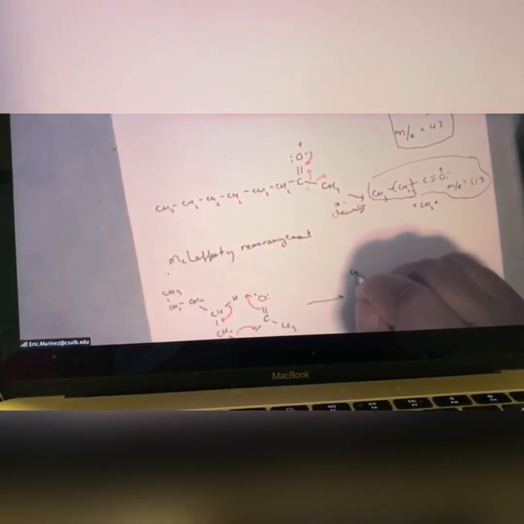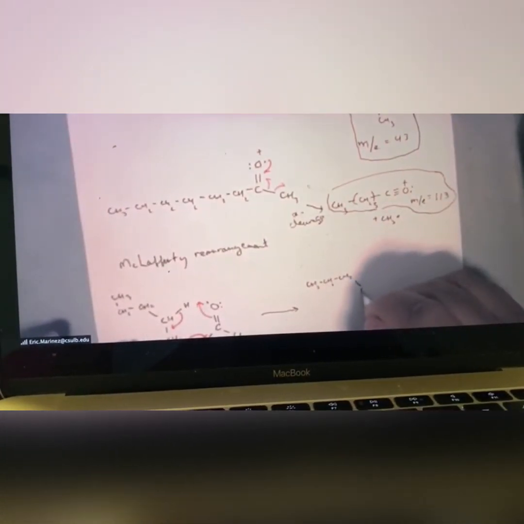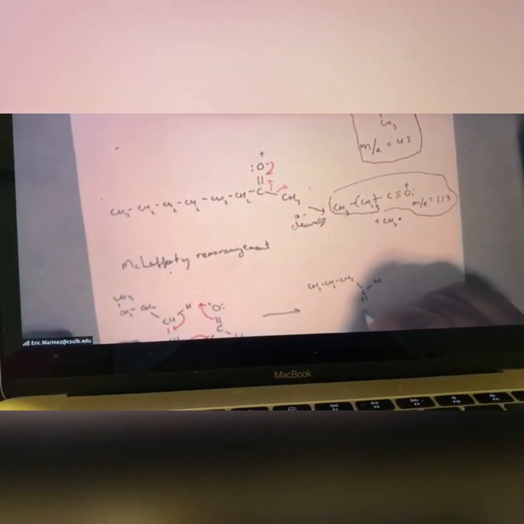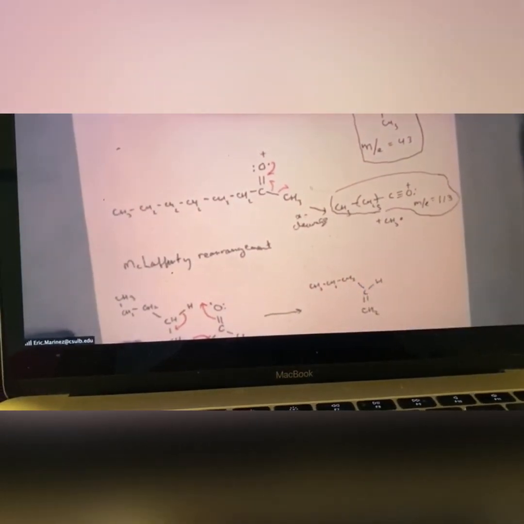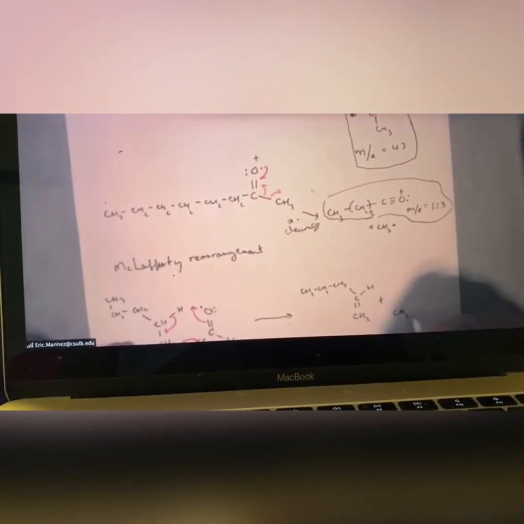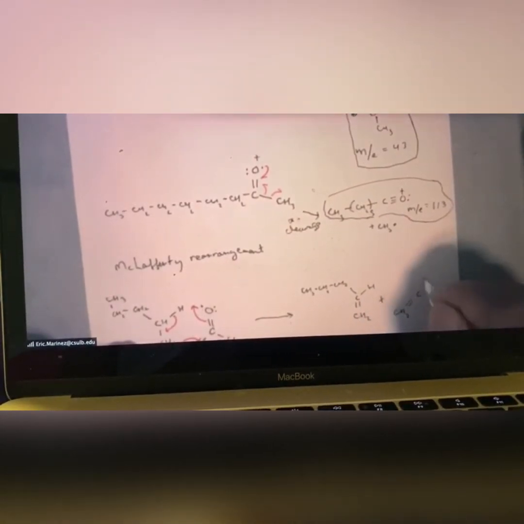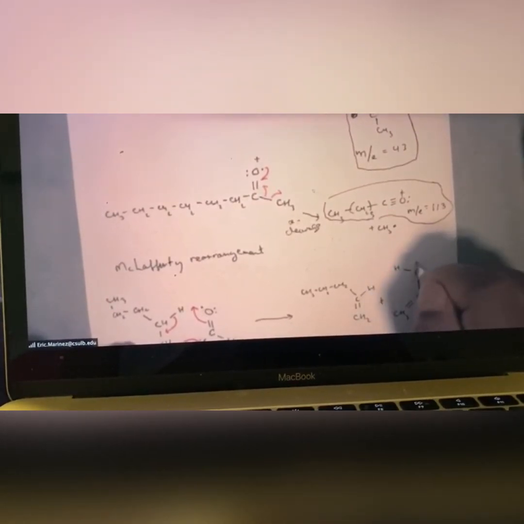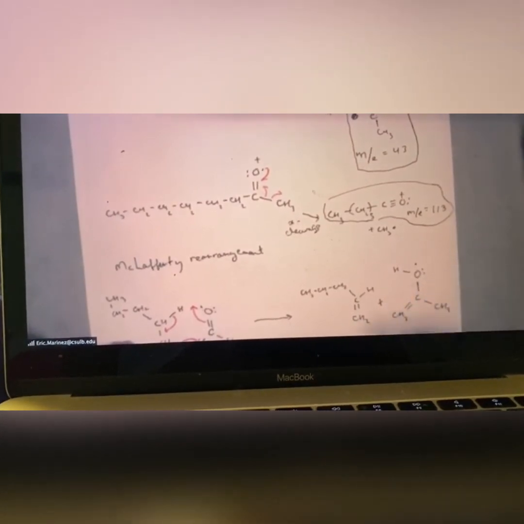And so if you allow me to redraw this, you have CH3, CH2, CH2, and I have a new double bond here, which we don't see, but what we do see is the enol that's formed. Here. Okay, and so this is positive here.